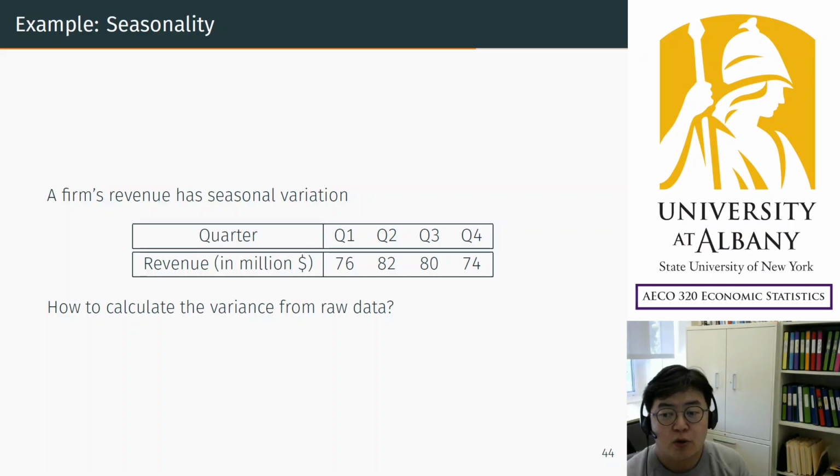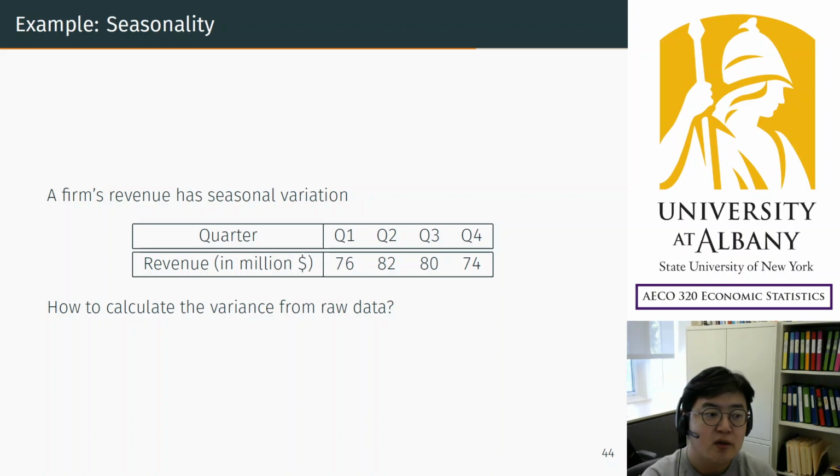Okay, so in this video, we are going to consider how to calculate the variance in raw data. So far, as we did in chapter 3, remember, we defined the mean as the sum of probability weighted outcomes.